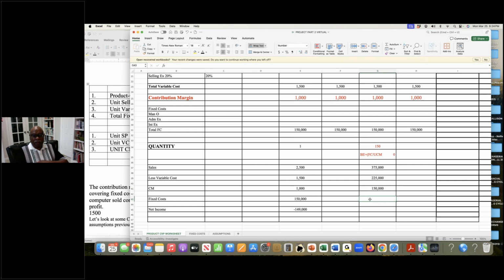My fixed cost is going to be the same as it was over here. So when I subtract the fixed cost from the contribution margin, I get a 0. So 150 is the quantity that I need to sell so I can break even.